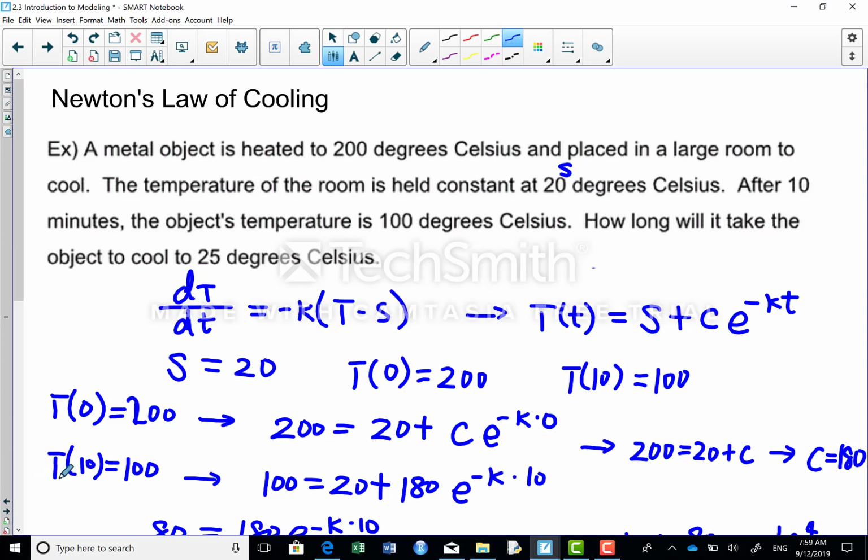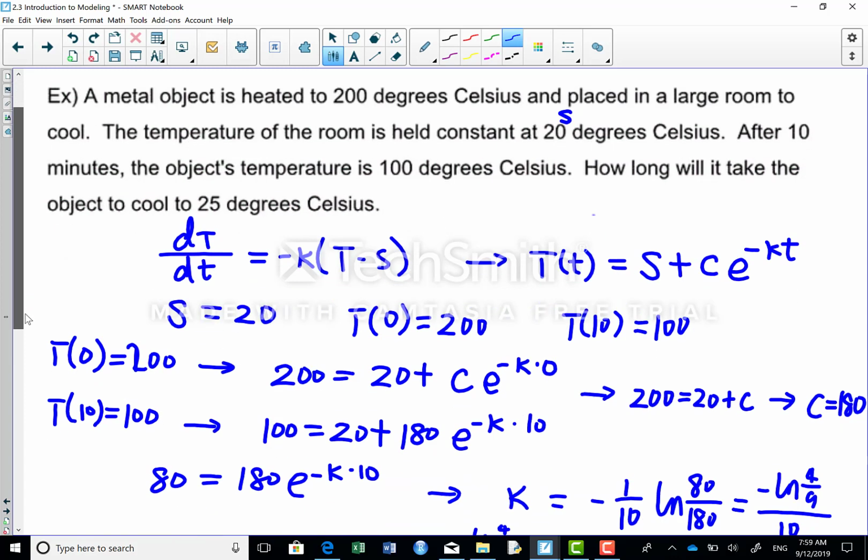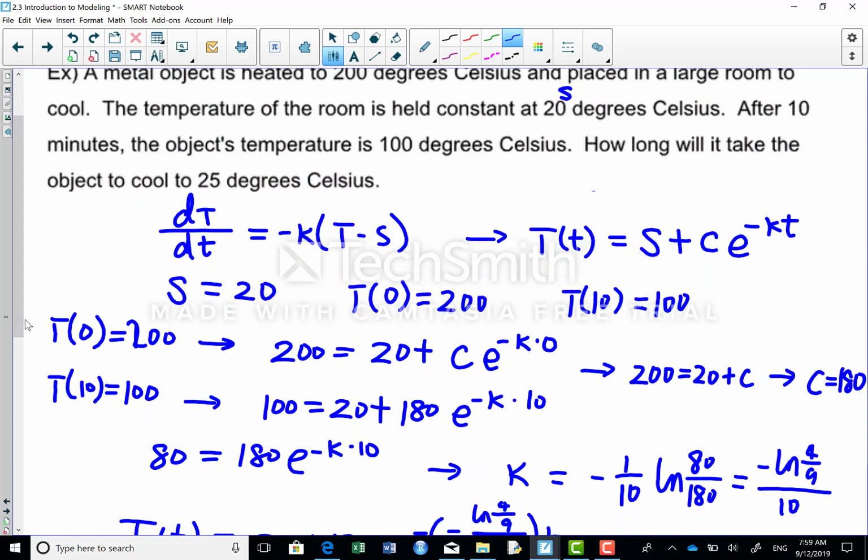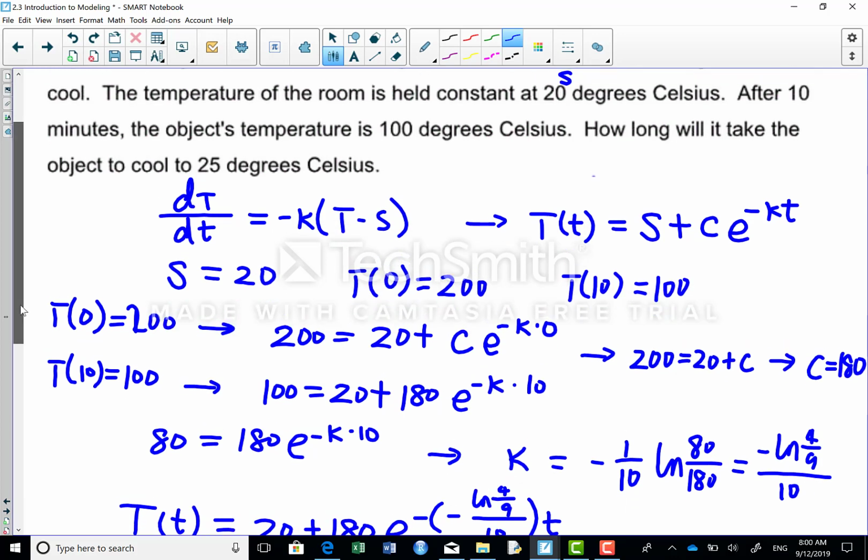Our differential equation is dT/dt equal to negative k times (T minus S), and our solution is T of t equals S plus C times e to the power negative kt, which is an exponential function.